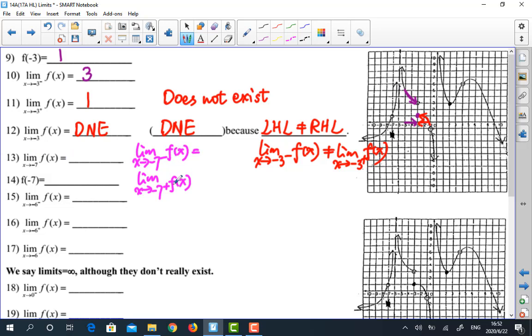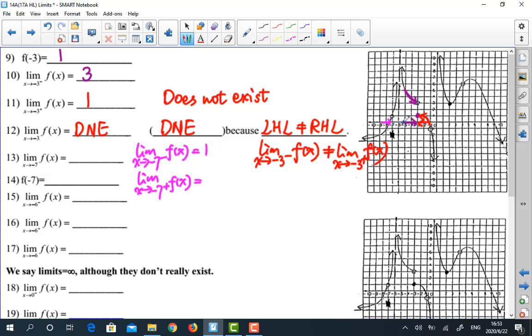If these two limits are not equal, this limit when x approaches negative 7 does not exist. So let's look at what is the left-hand limit when x approaches negative 7. From the left-hand side, the y value is approaching 1.